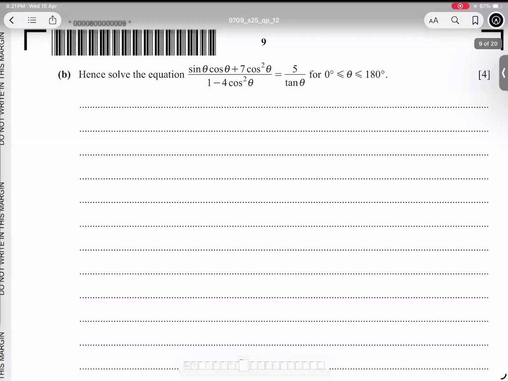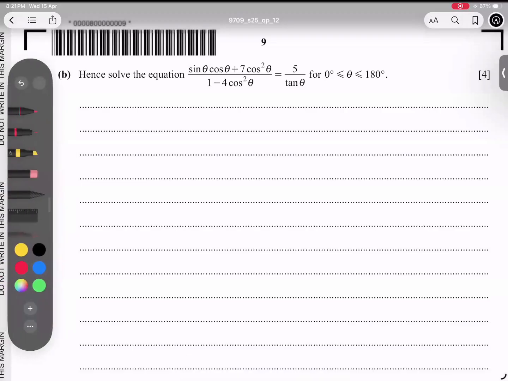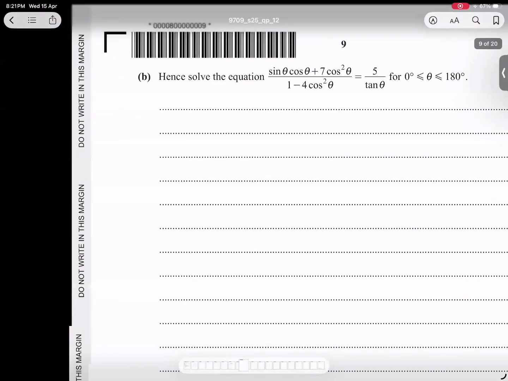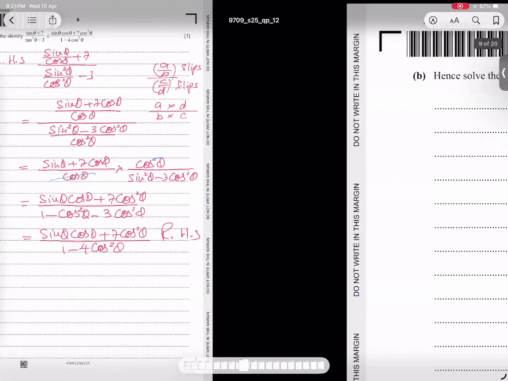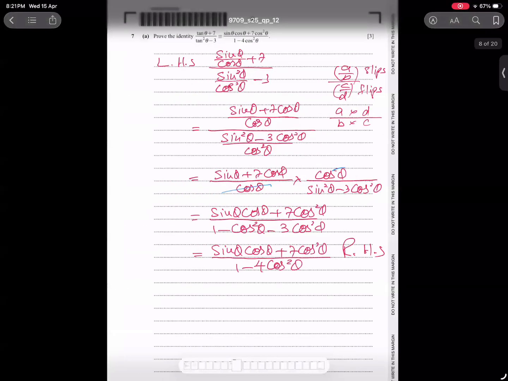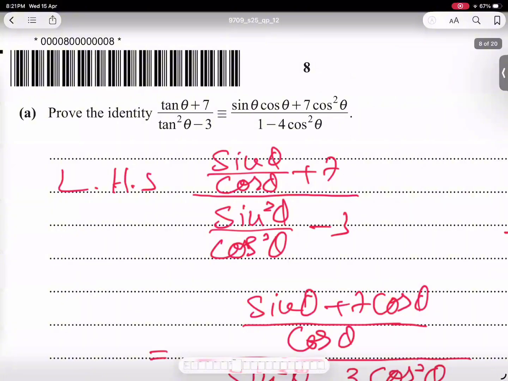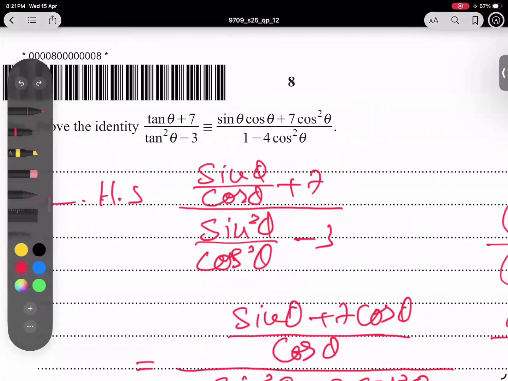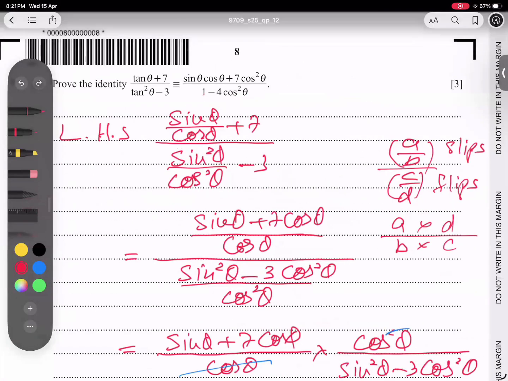So the next part of the same question is this. And students, this part we have done on the previous page. If you go back and see once again, you can see that this is completely equal to this one. So I'm going to copy this. What to copy? Tan theta plus 7 over tan square theta minus 3.